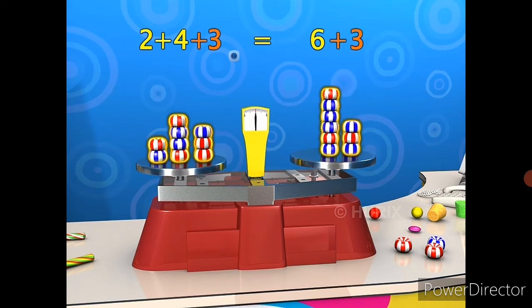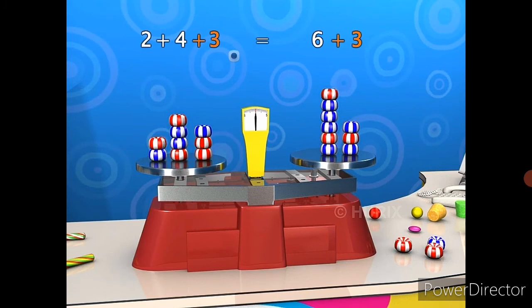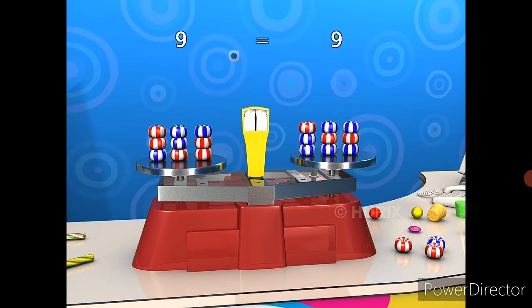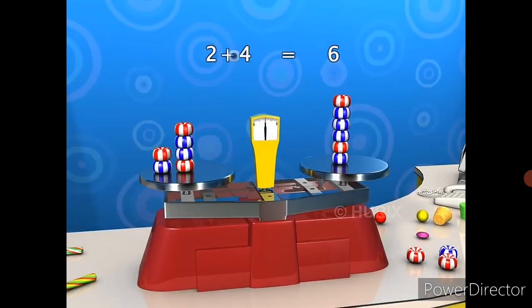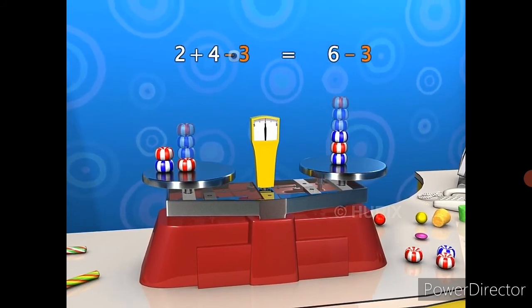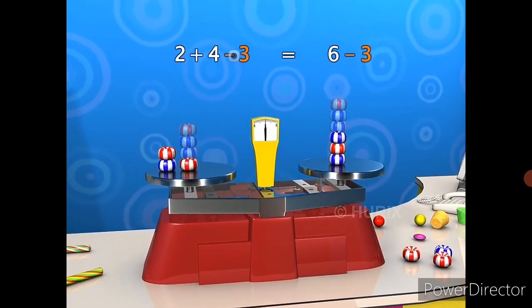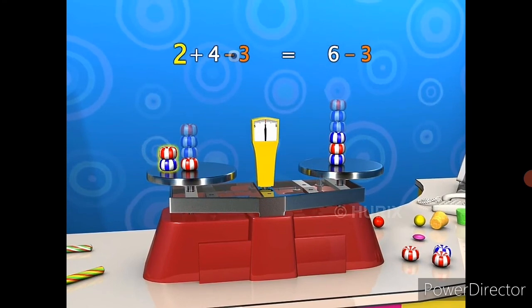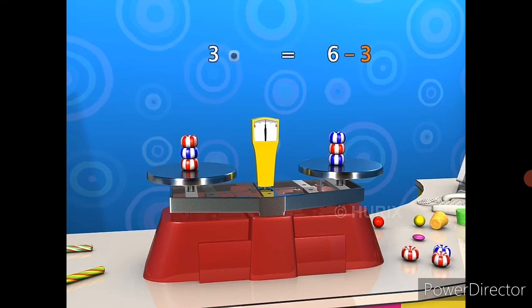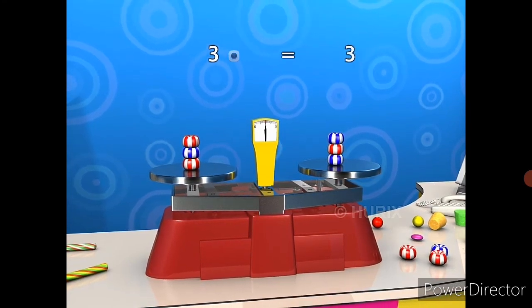On simplification, we get 9 equals 9, which is correct. If we subtract 3 from both sides of the equation, we get 2 plus 4 minus 3 equals 6 minus 3. On simplification, we get 3 equals 3, which is correct.